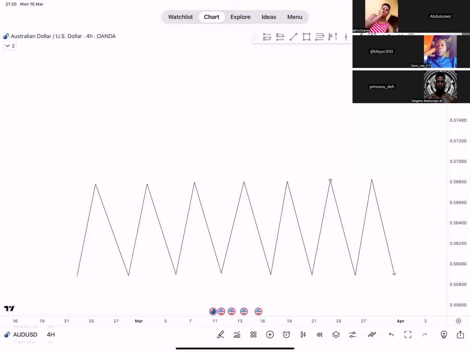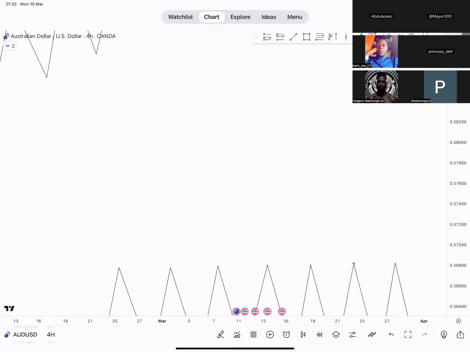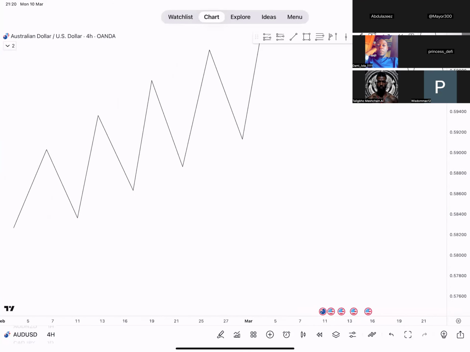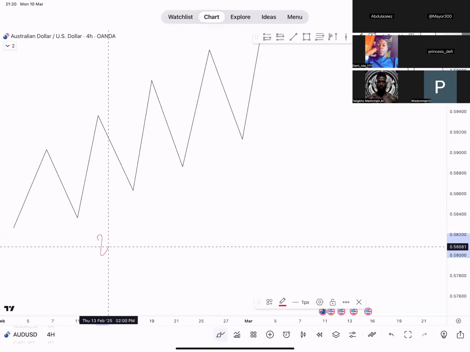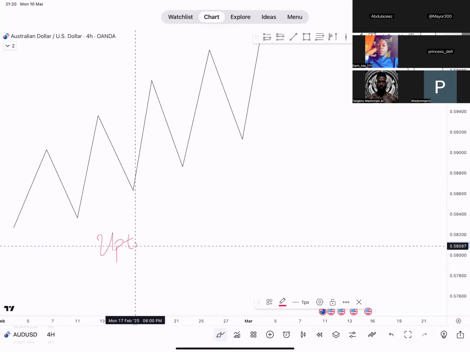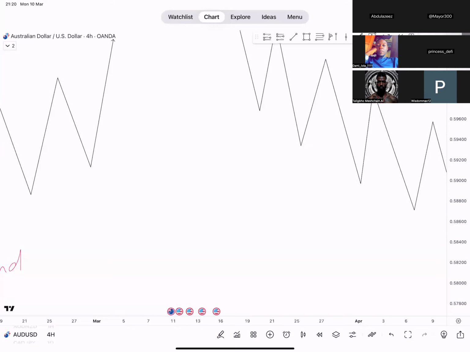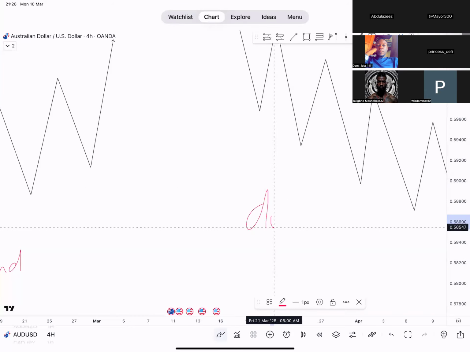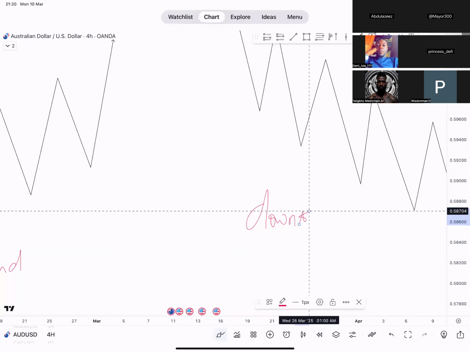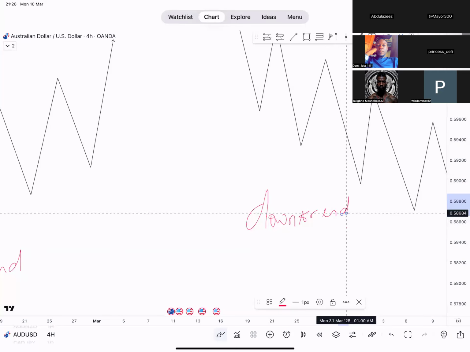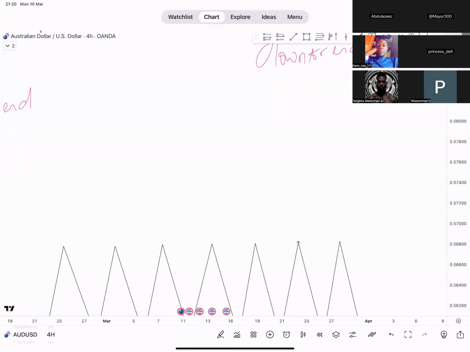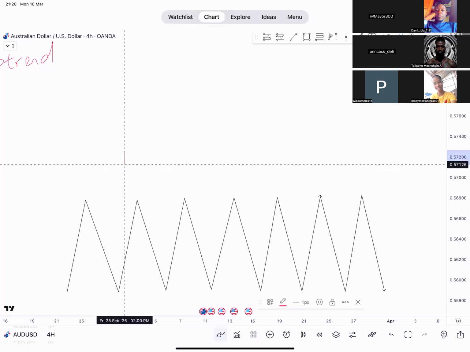We have three types of market structure. We have what we call an uptrend. We have what we call a downtrend. And we have what we call the ranging or consolidation market structure.